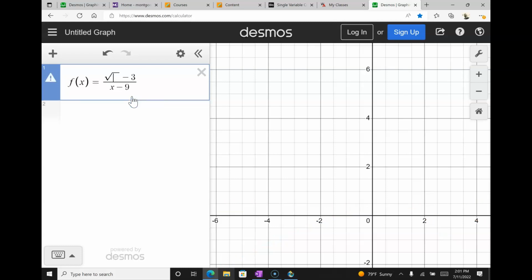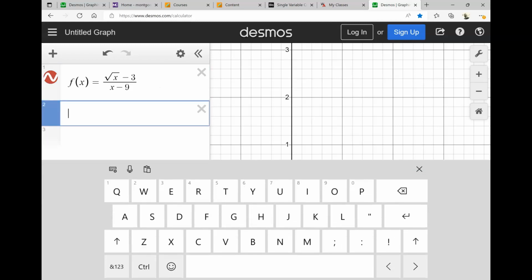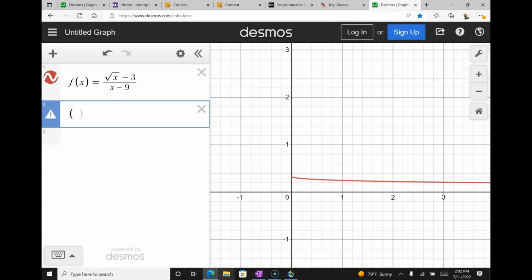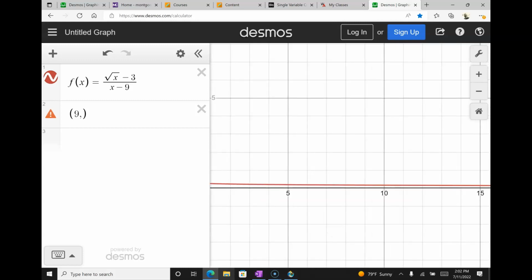Sqrt, S-Q-R-T, x. So you can see graphically, now there's no left and right here, right? I only need a left and right if there is a left and right. And what did I get for my limit? 9, 9 was the x value, and I got a height of 1 over 6, yes?